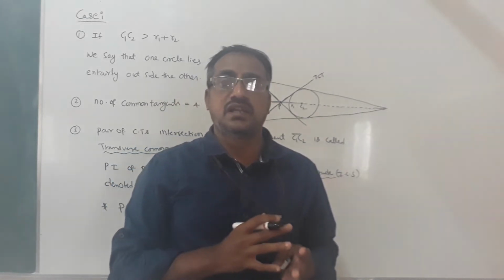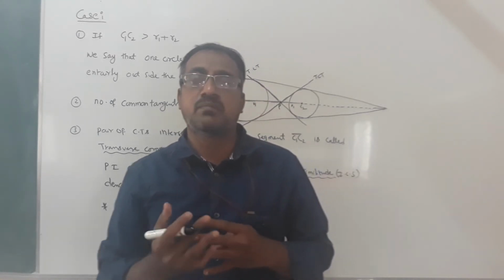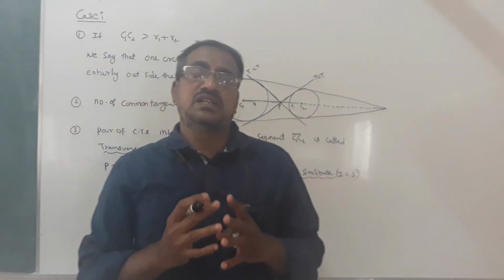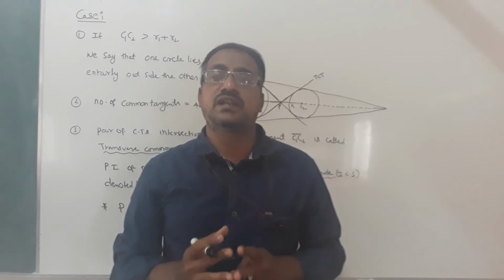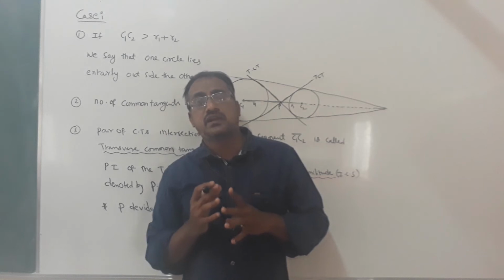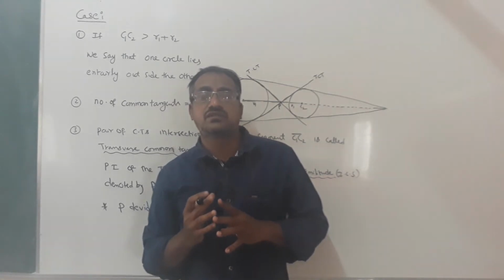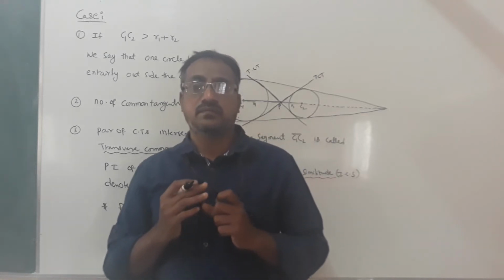By using that section formula, you can find the point P. So the point of intersection of transverse common tangents is called the internal center of similitude. It is denoted by P, and P divides C1C2 in the ratio R1 is to R2 internally. Very important.